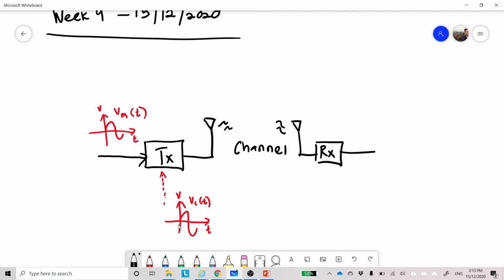So at the output of the transmitter, we're going to produce the VT or V angle modulation.